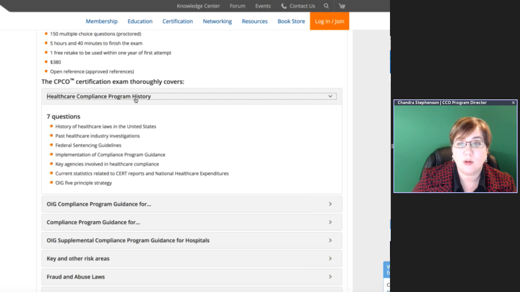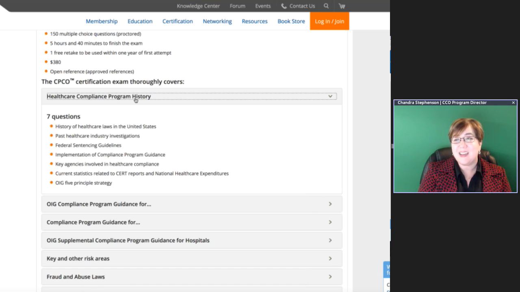They expect you to have a really good understanding of all of the different healthcare compliance regulation laws, from false claims and Stark and anti-kickback to the RICO statute and setting up a compliance plan for different groups, whether it be small group practices, third-party billing institutions, hospitals, those different pieces.